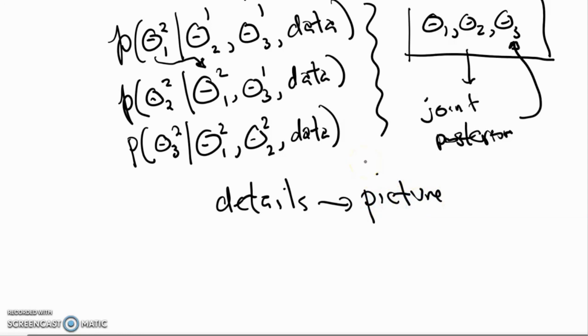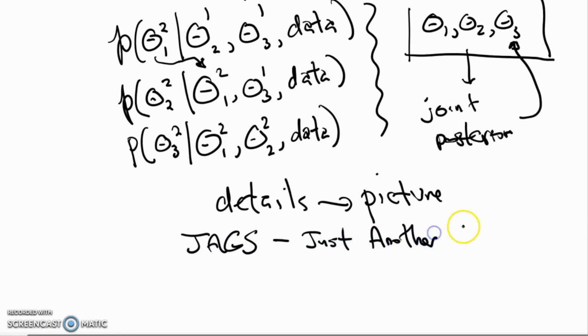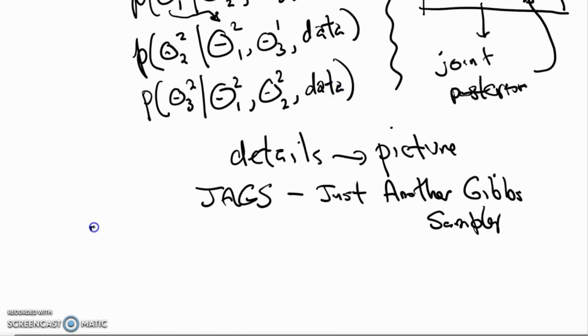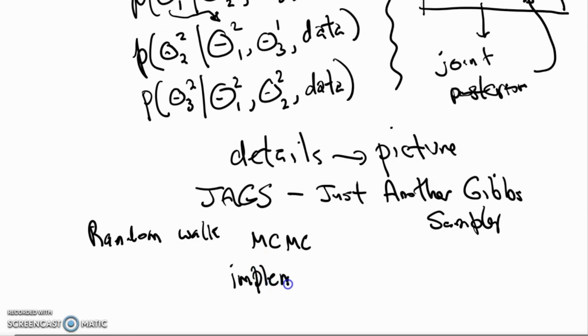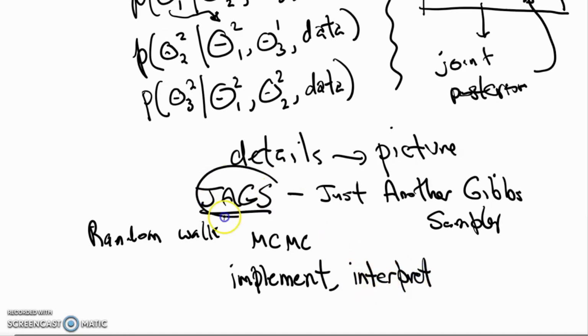The reason is that in the future, we'll be doing JAGS, which stands for Just Another Gibbs Sampler, and some understanding of the random walk, Markov chain Monte Carlo process is important both in understanding how to implement JAGS, but also how to interpret the results that come from JAGS.